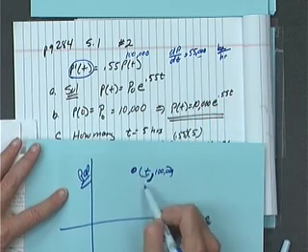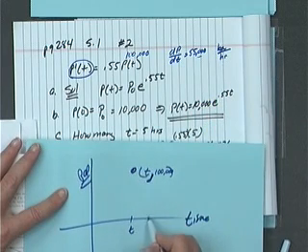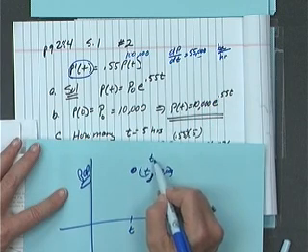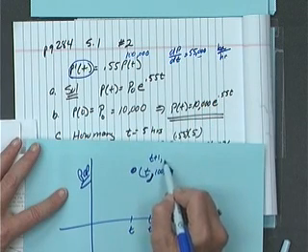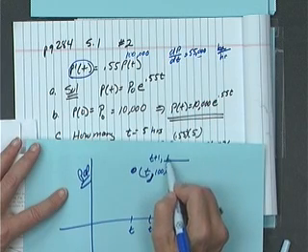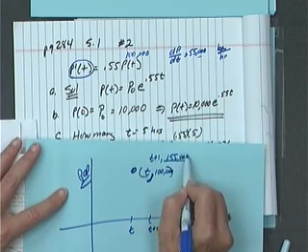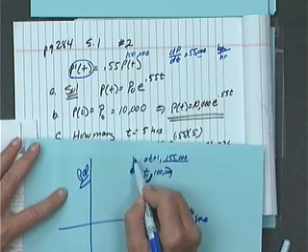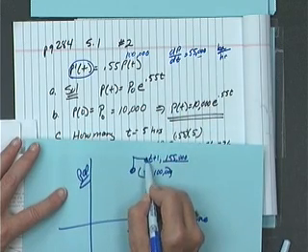So at the end of the next hour, here's my t plus 1. How many bacteria am I going to expect at the end of the next hour? 155,000.